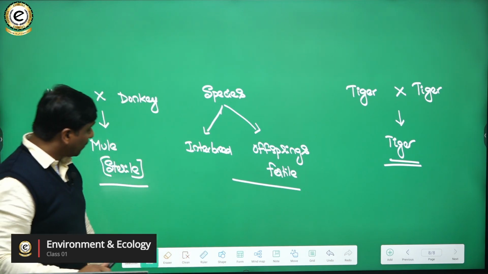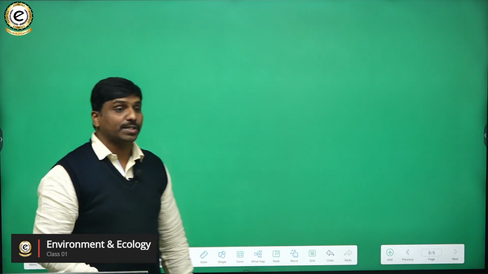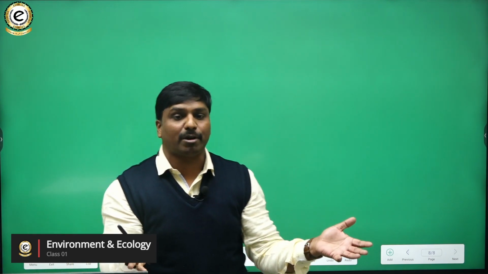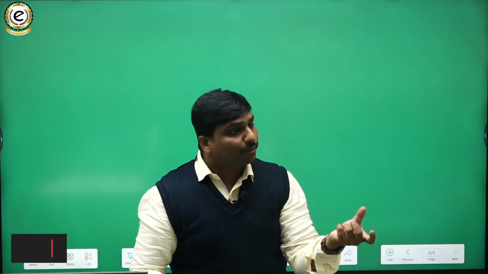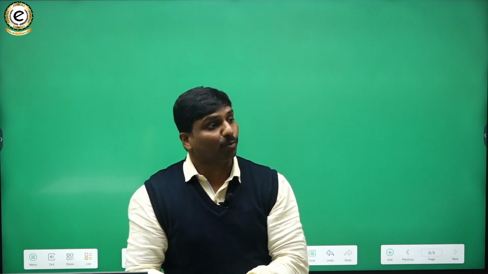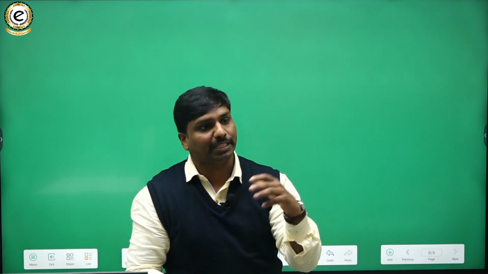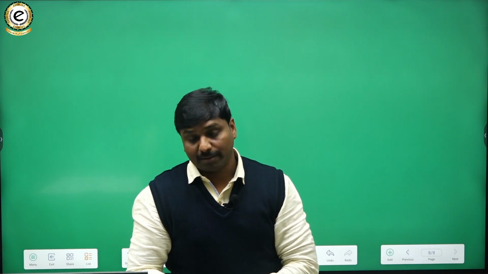When we talk from a community perspective, it's an assemblage of various populations. When we say various populations, organisms belonging to two or more species would be there. So that is a community.